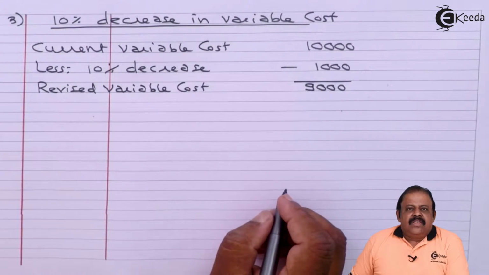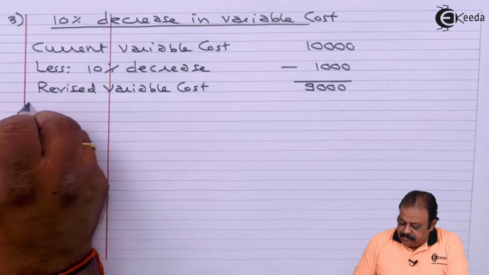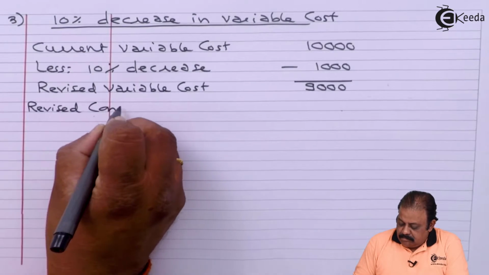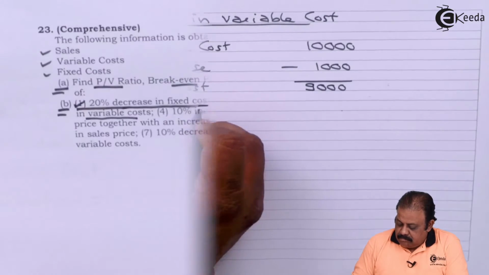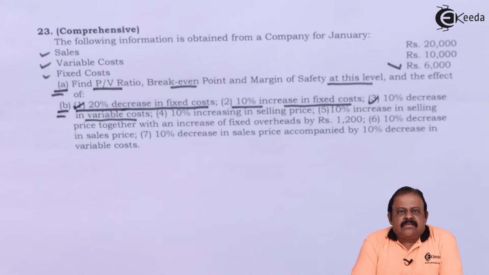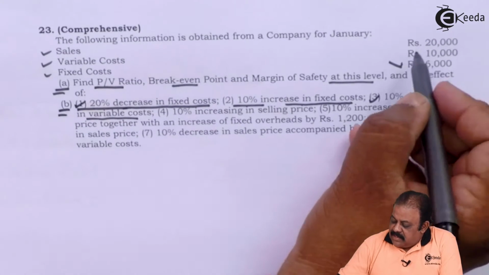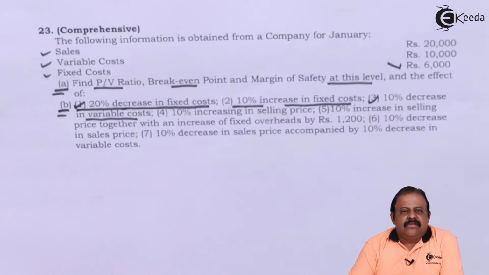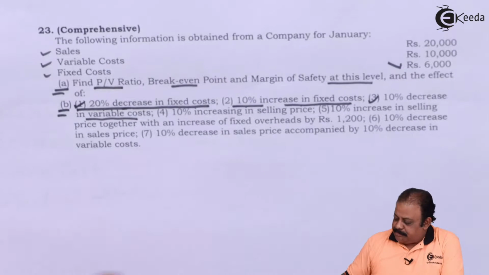Let us find out the revised contribution. There is a change in variable cost. There is no change in sale. Sale amount has remained the same, 20,000. But due to change in variable cost, there will be a change in the amount of contribution.